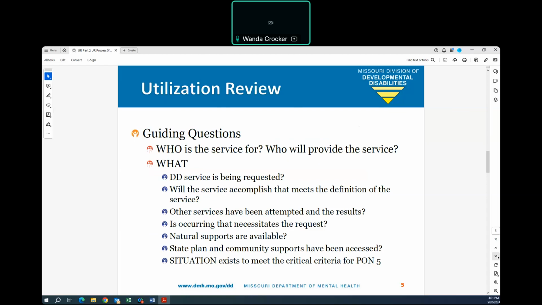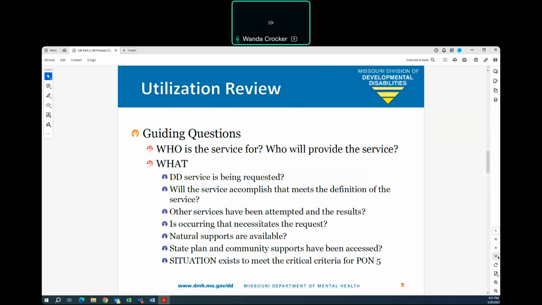If you answer those questions fully and completely, if you truly paint the picture of what is happening and why this service is necessary, you are likely to meet all of the required components and have very few questions asked of you. So let's walk through some of what those are. Who, what, where, when, why, how much.